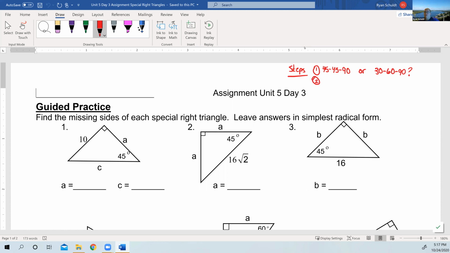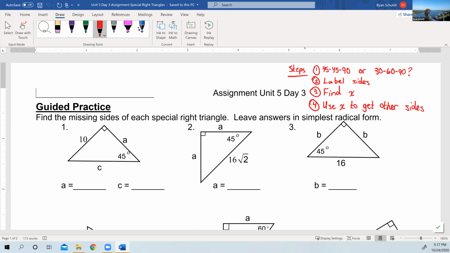Step 2, label sides. Step 3, find X. And step 4, use X to get other sides.